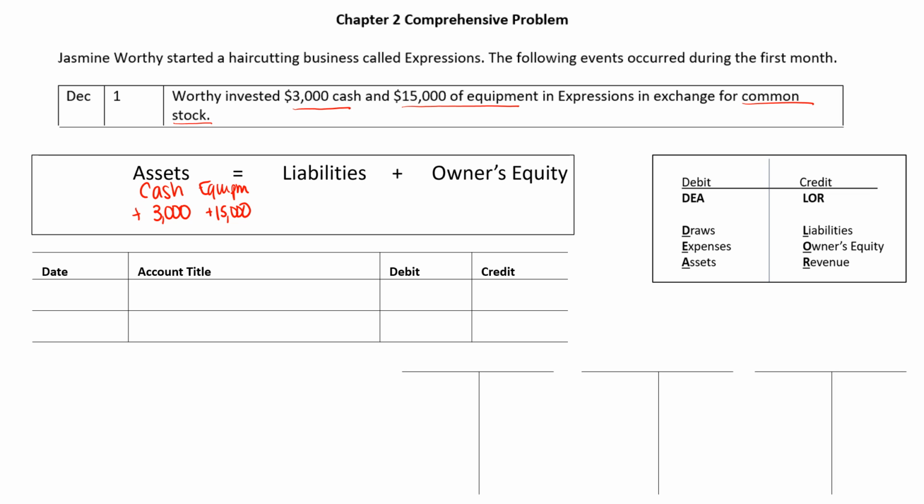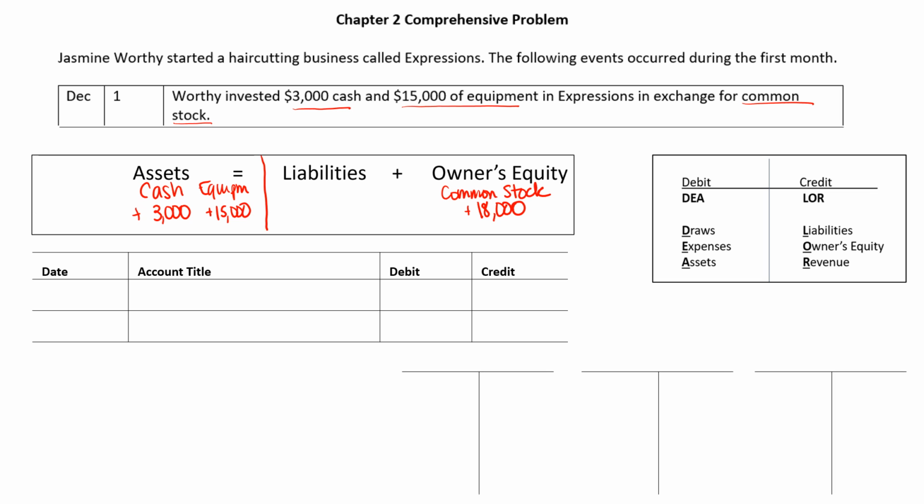Common stock is an owner's equity account, and owner's equity as well as common stock will be increasing by $18,000. So at the end of this equation, we can see that the left side, assets, has increased by a total of $18,000, and the right side, owner's equity, has increased by $18,000.